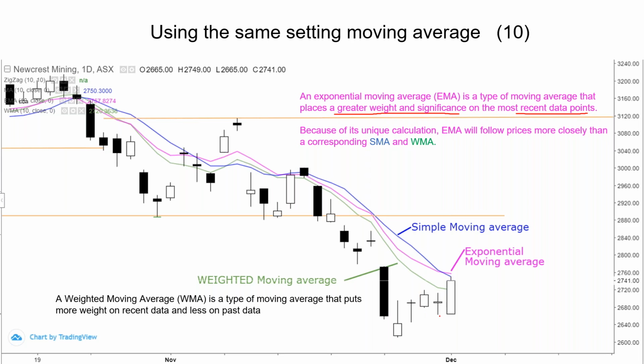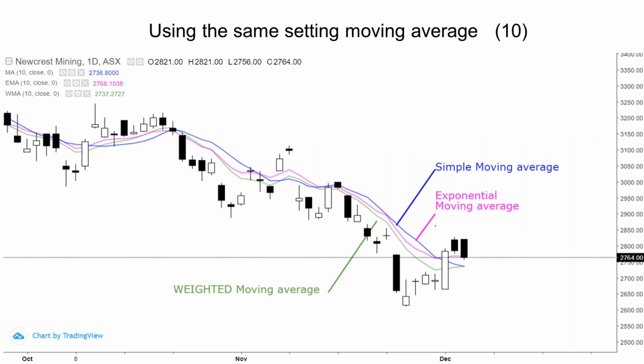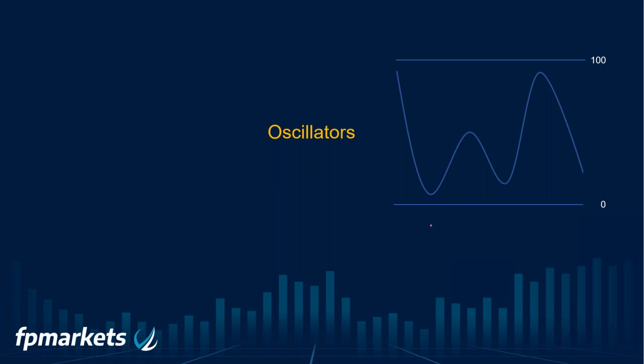So these most recent data points become where the exponential average takes most of its calculation from, whereas a simple moving average will simply average out the last, in this case, 10 periods and come up with an average value. The exponential moving average just gives greater weight to the front of the data inside that look back period, in this case, 10 periods.